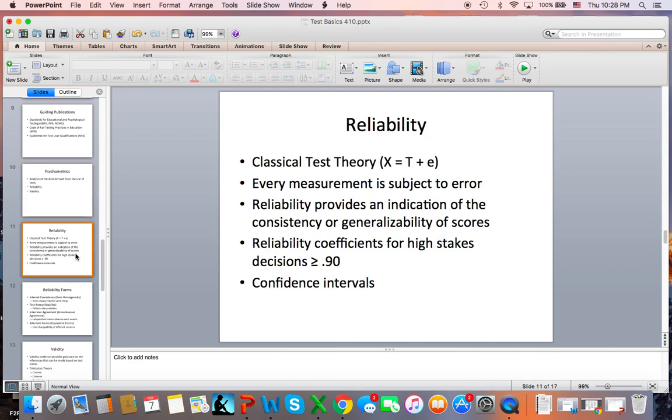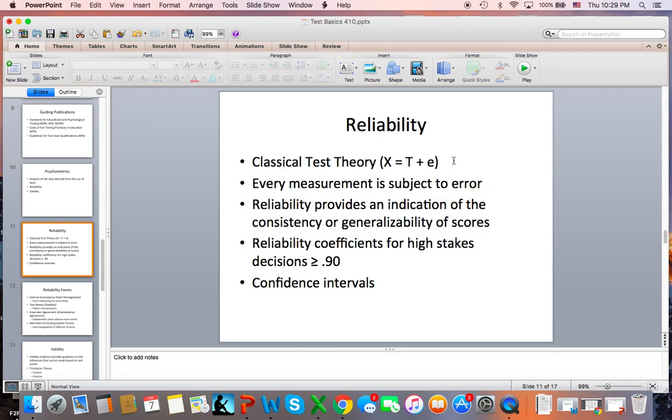So, reliability. The predominant theory of reliability that underlies test usage is based on this idea of classical test theory. And so there's a little formula over here.